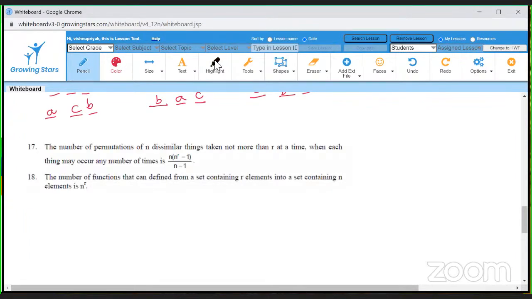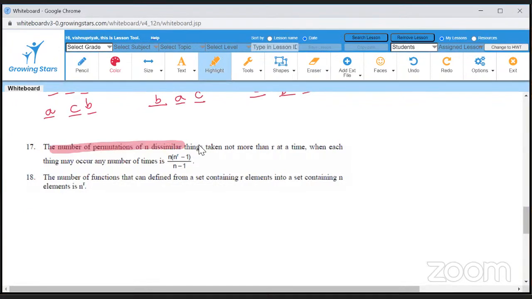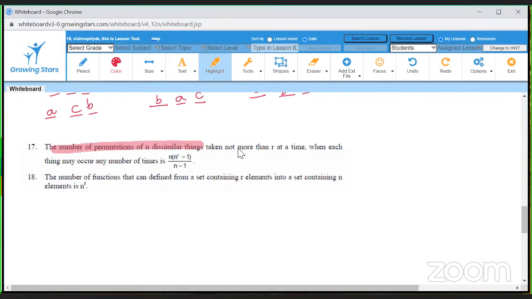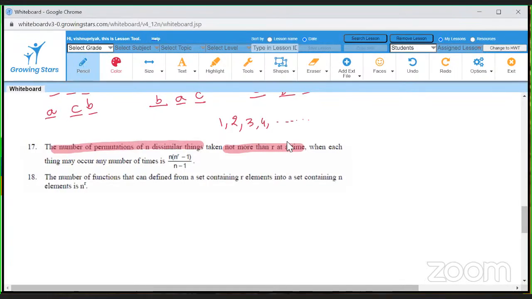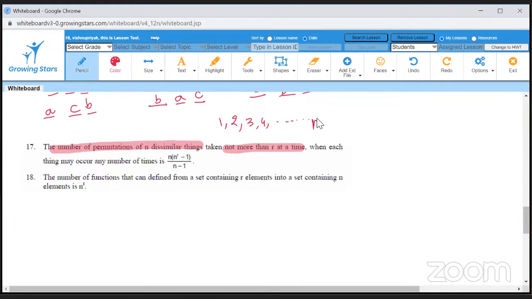The next is the number of permutations of n things taken not more than r at a time. Not more than r means what? I can take 1 thing, 2 things, 3 things, 4 things and arrange, but I can take only r things.